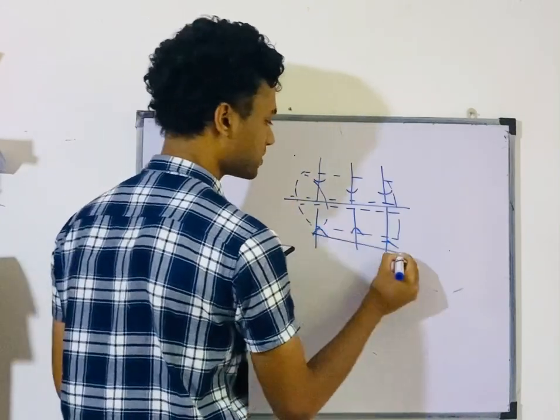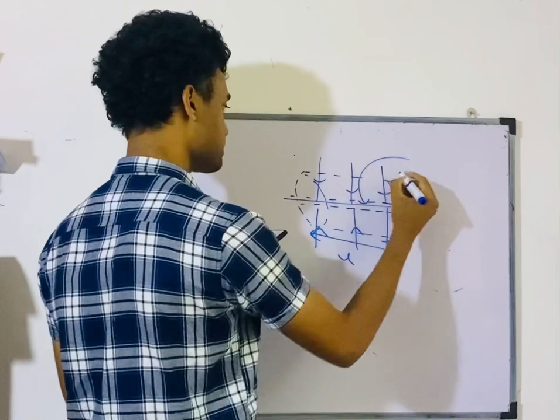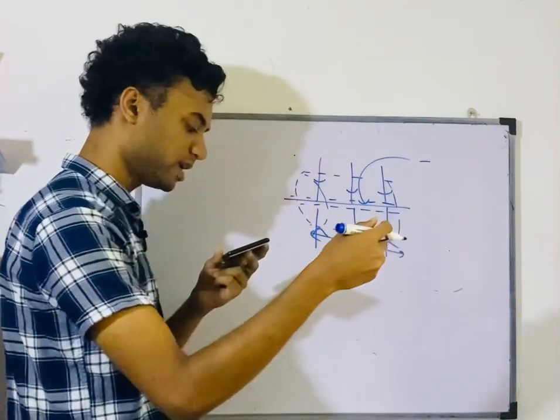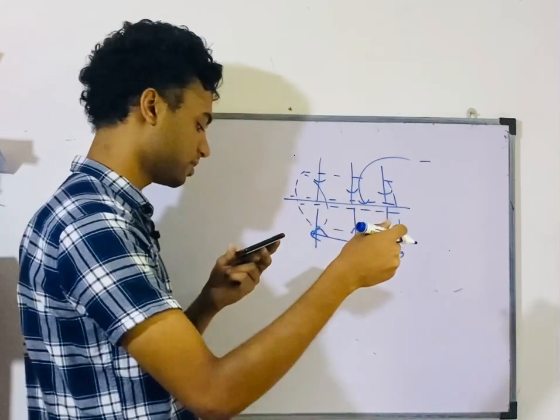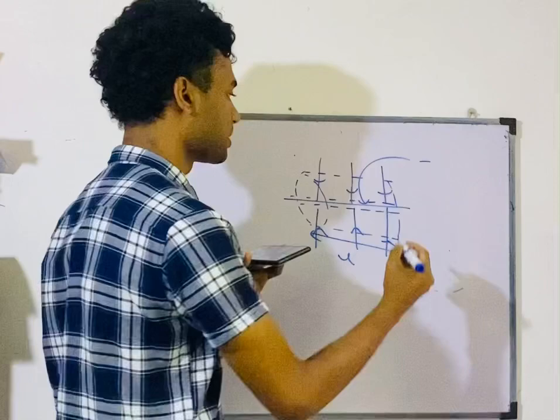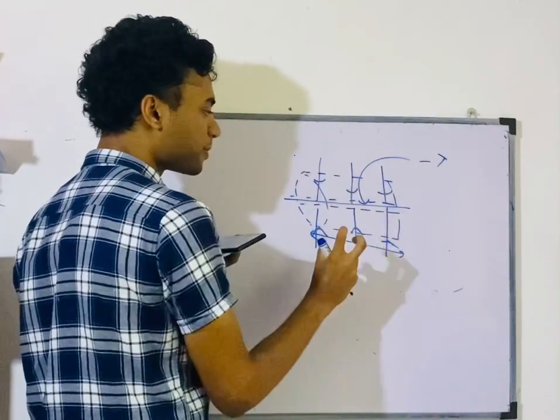I'm going to consider the length of the cylinder to be L, and the linear charge density, charge per unit length, is minus lambda.